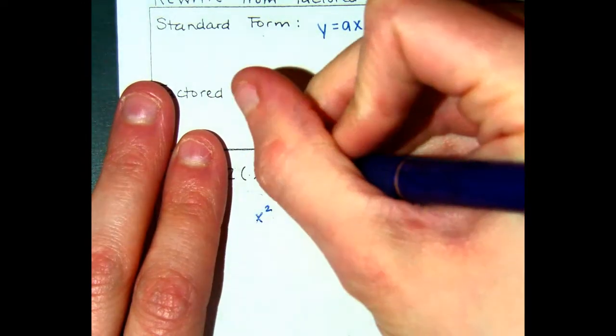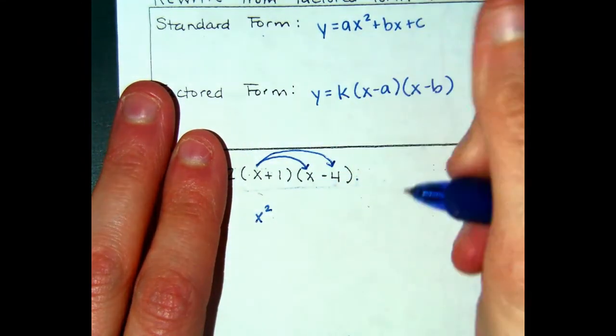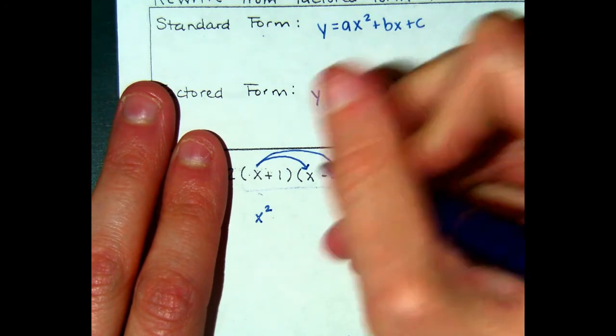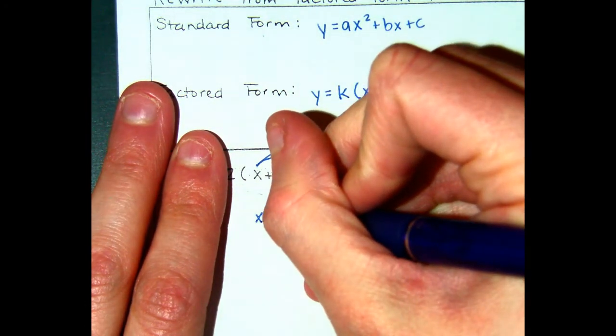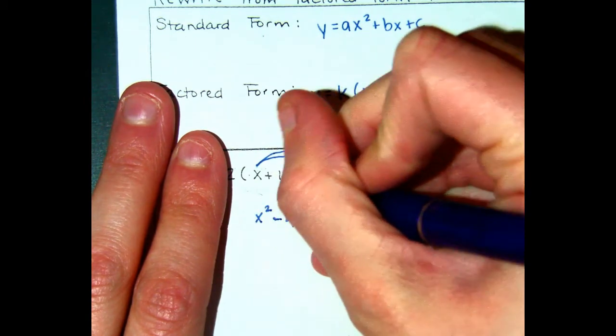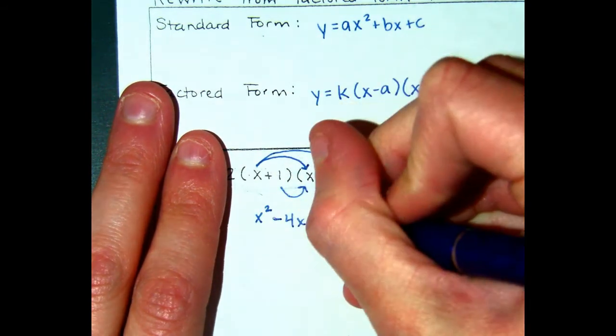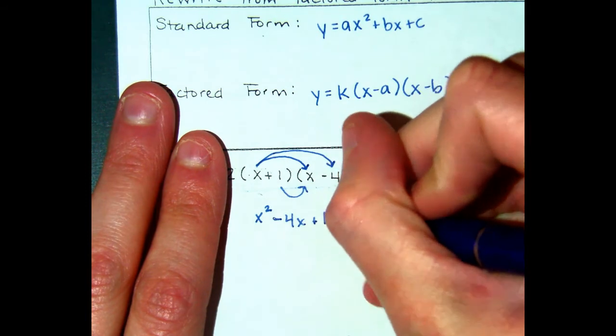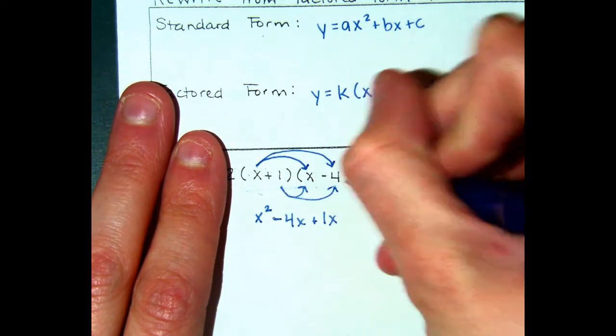Distribute. X times x is x squared. You're probably sick and tired of doing this by now. X times negative 4. Negative 4x. 1 times x. 1x, okay, and 1 times negative 4.